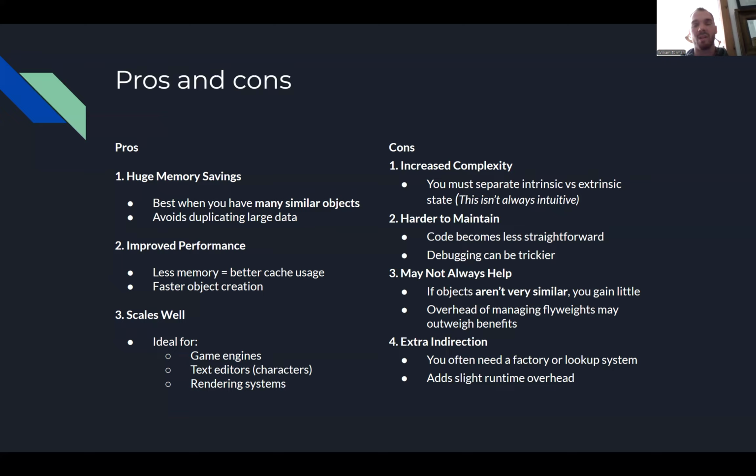This is very evident with the example that we will see on the next slide. But when you have many similar objects, whether that's leaves or player types in a video game, things like this, duplicating large data is where it's most beneficial. So we'll see that it scales well for game engines and text editors, rendering systems, etc.